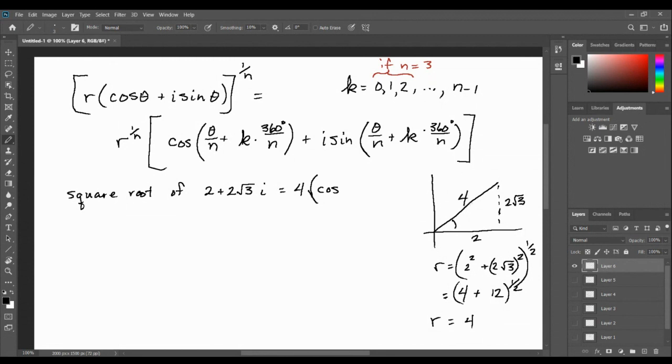So it's like we have a 1, 2, root 3. Because if you divide all 3 of these things by 2, you get a 1, 2, root 3. So this is 60 degrees. So we got cosine 60 plus i sine 60 is the trigonometric form. Now we're taking the square root, so we're raising that to the 1/2 power.